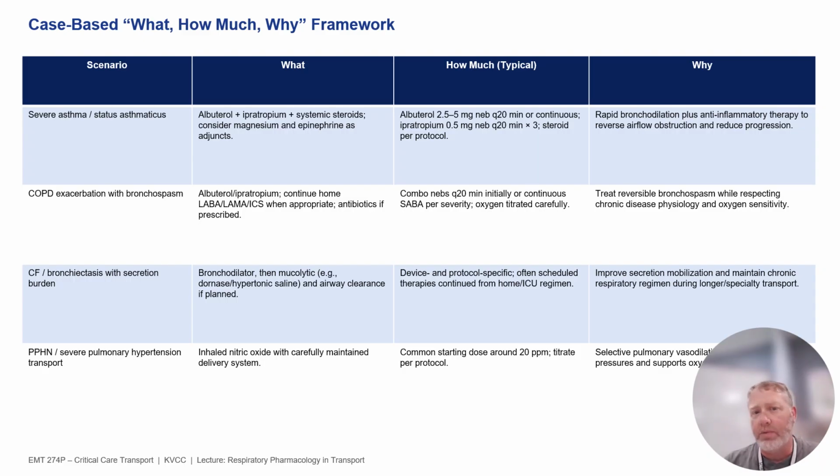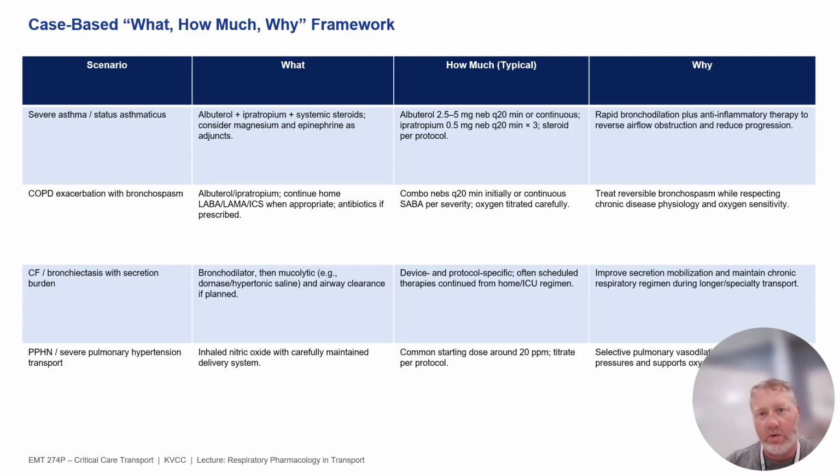For your cystic fibrosis patient with lots of secretions, follow the sequence of: give a bronchodilator like albuterol first to open the airways, then give a mucolytic to thin the secretions, then some airway clearance if you have the time and the means.